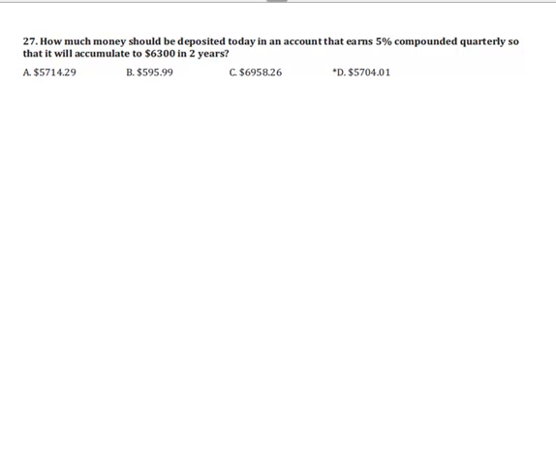Item number 27. How much money should be deposited today in an account that earns 5% compounded quarterly so that it will accumulate to $6,300 in 2 years? We want to know the amount in the account today.